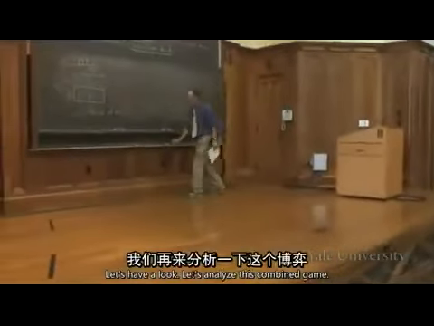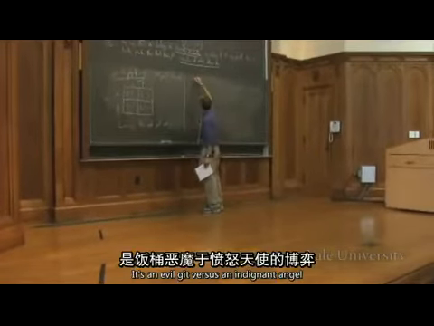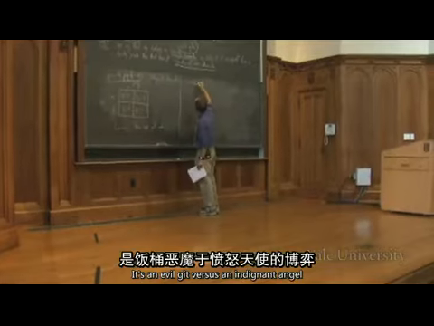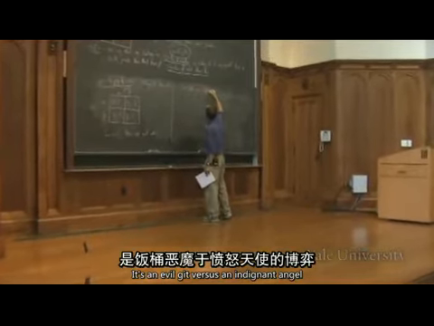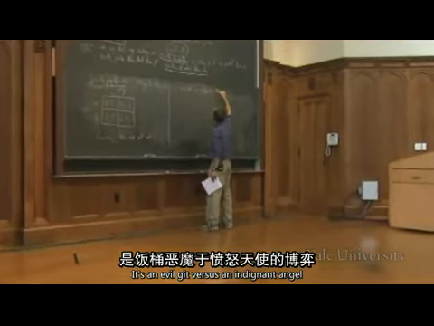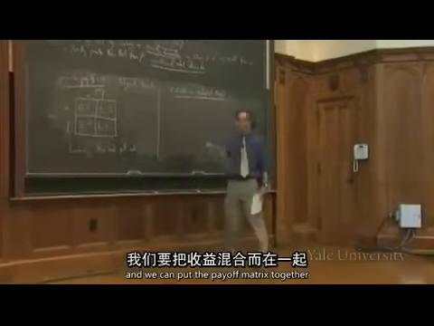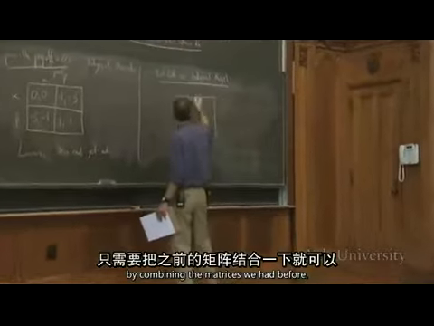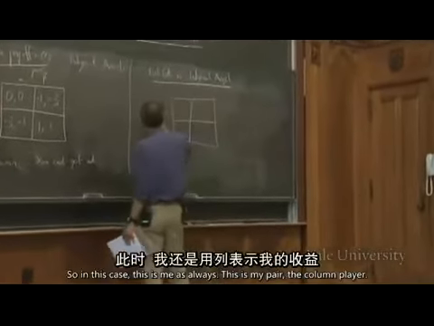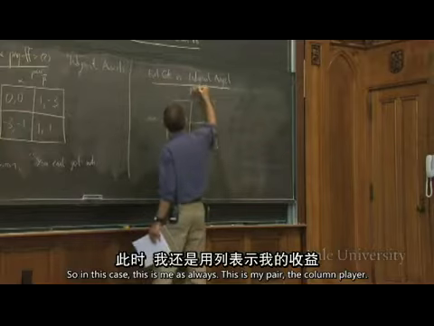All right. So what does this game look like? It's an evil git versus an indignant angel. We can put the payoff matrix together by combining the matrices we had before. In this case, this is me, as always, and this is my pair, the column player.